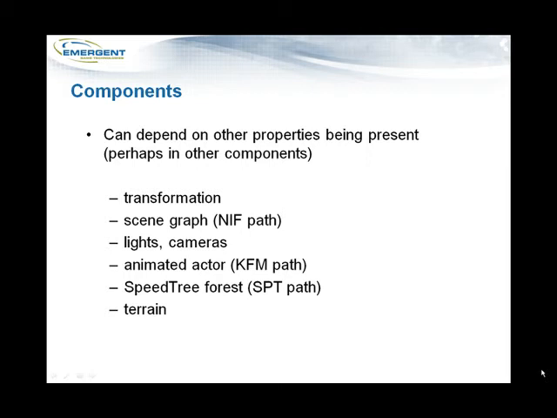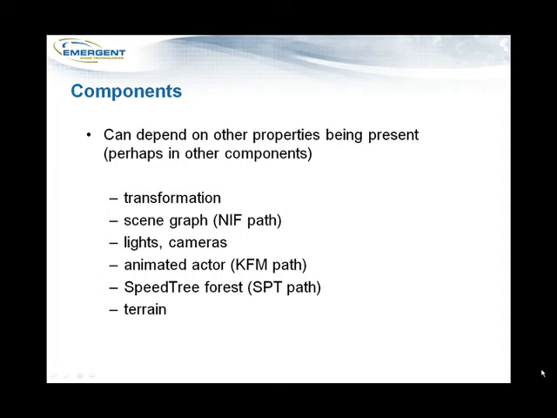Typical components are a transformation, which in Gamebryo means a translation, a rotation, and a scale. A scene graph. The critical part of the data there is the path to a NIF on disk, which can be loaded to instantiate that scene graph. A light, a camera, a path to a KFM file, which, if loaded, gives you an animated actor with both geometry and animations.